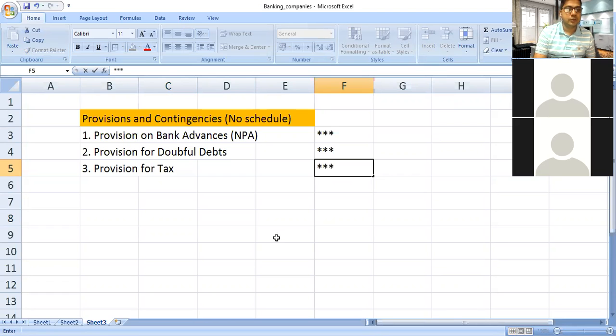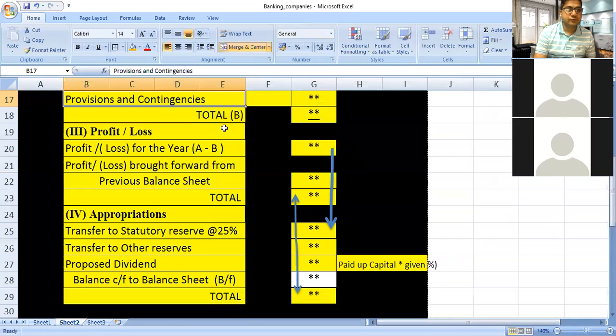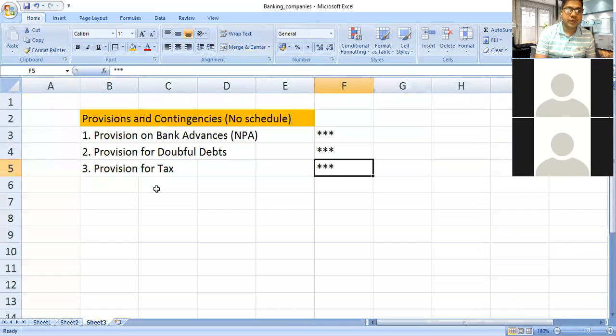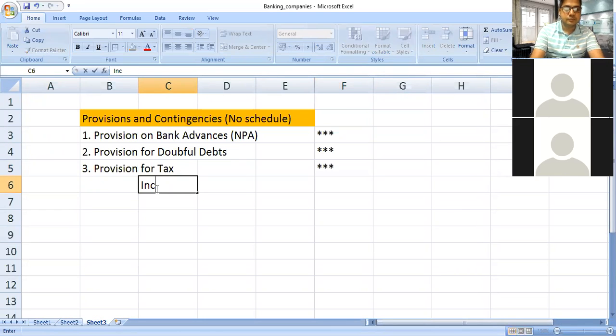First of all, we should consider the income. This A part total, the income's total, that we have to keep as a base.